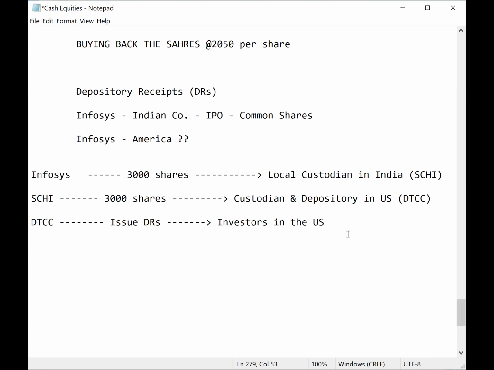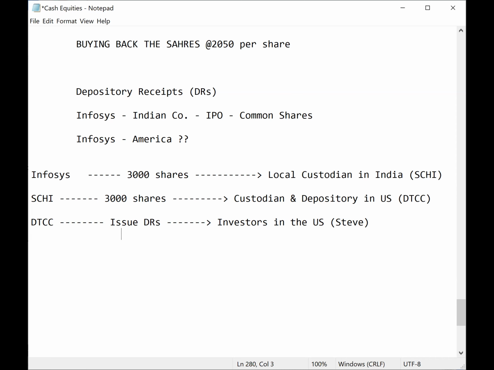Let's say there is a person C in the US and he wants to invest in Infosys. So how can he do it? He can buy the Infosys ADRs, American Depository Receipts of Infosys, which are issued by the depository of the US. That's how they can invest.